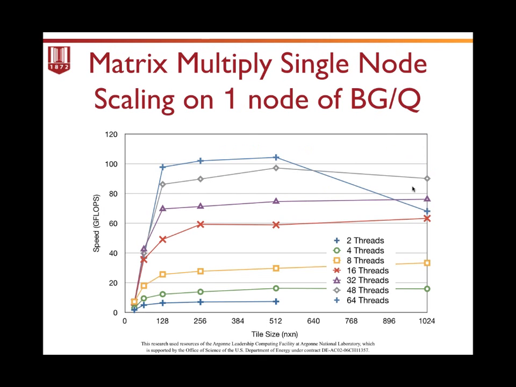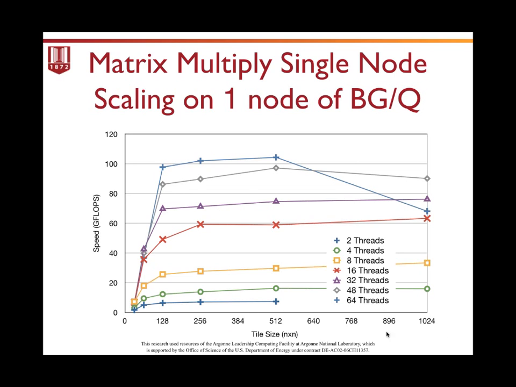And finally, we have the single node matrix multiplication scaling test. Here I was just testing to see how the number of threads affected the speed relative to the tile size.